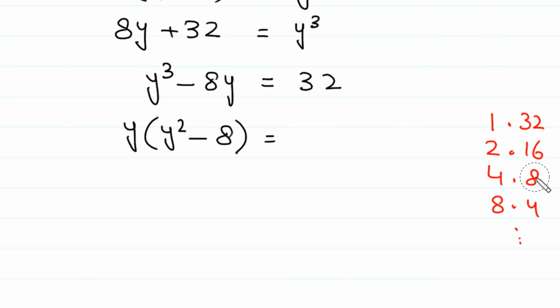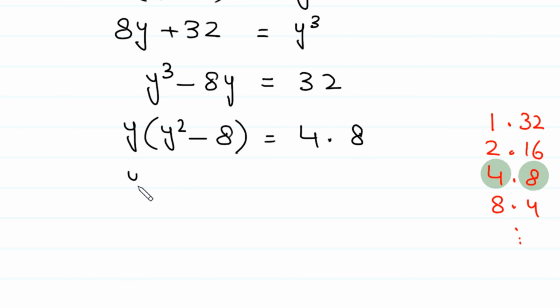In this factor pair, 4 times 8, you can see that this factor 8 is 8 less than the square of 4, because square of 4 is 16 and 8 is 8 less than 16. So we select this pair. We factorize this 32 as 4 times 8.